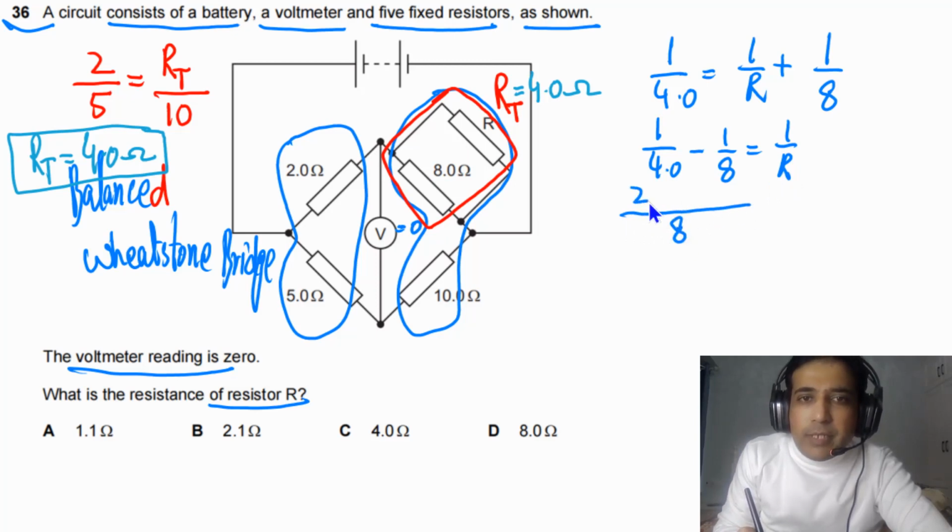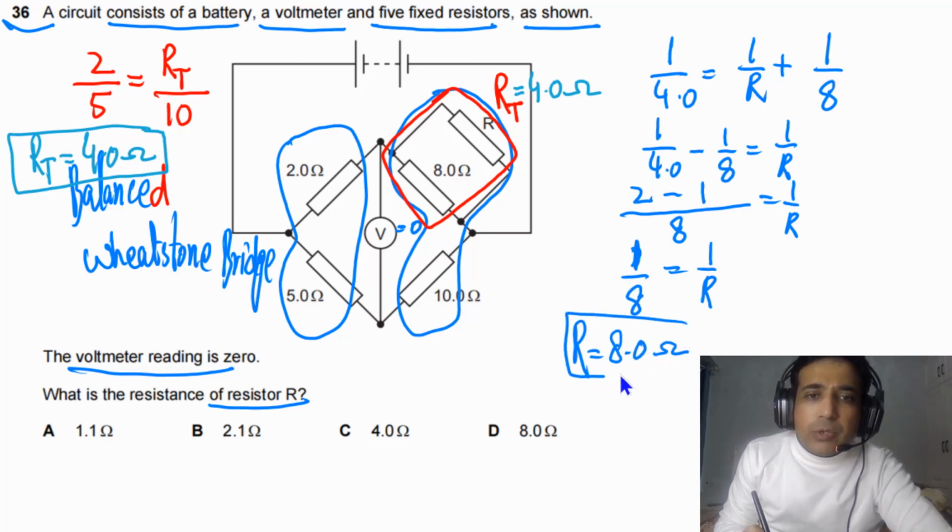Here we get 8 divided by 4 is 2, 2 minus 1, and this is equal to 1 over R. So we get 1 by 8 equal to 1 over R. From here simply we can say R is equal to 8.0 ohm.